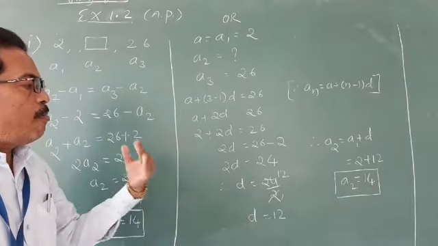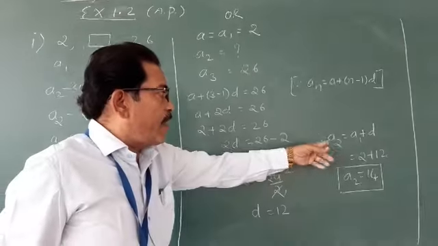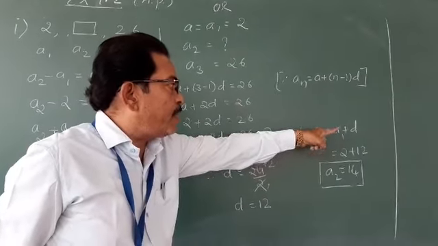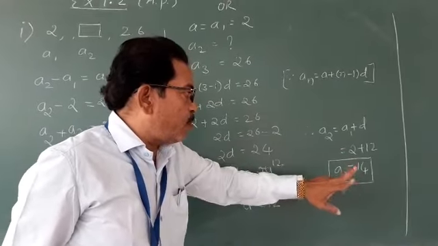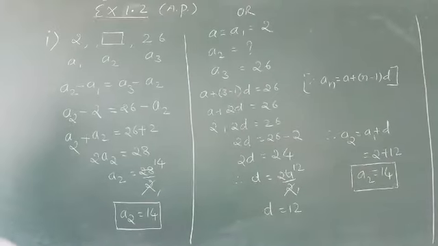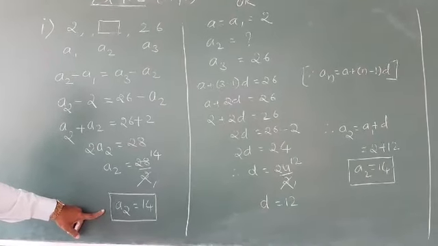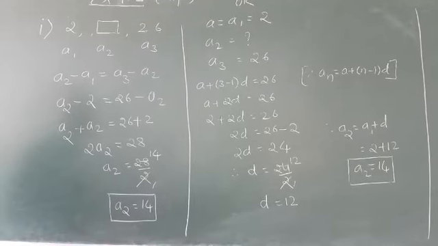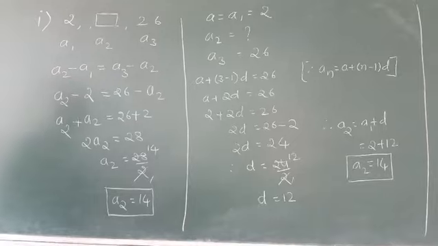Then the common difference has to be added to the required term, that is A2 equals A1 plus d. So A1 is 2 and d is 12, therefore A2 is 14. Here also we got directly A2 equals 14. Once again, please see attentively.